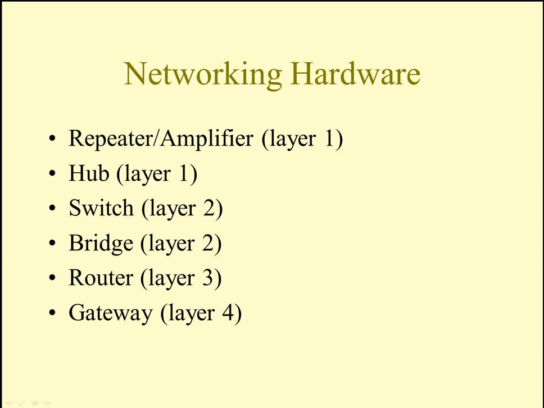So potentially we have an Ethernet network on one side, and then maybe we have a different type of network on the other. And the bridge is going to allow us to communicate through both. One application of a bridge historically was to allow a wired network to communicate with a wireless network.